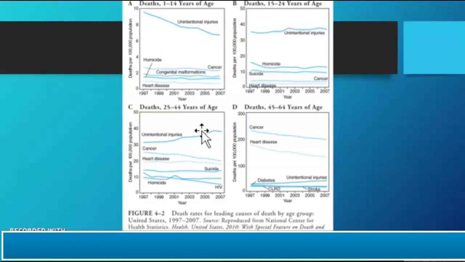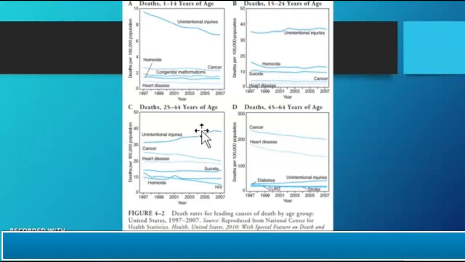And you can probably guess why between the ages of 15 and 24 this might be higher: teenagers trying their environment out, doing extreme sports, and not taking precautions a lot of times causes these to be higher.